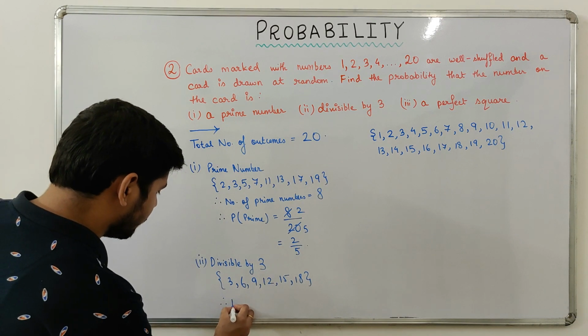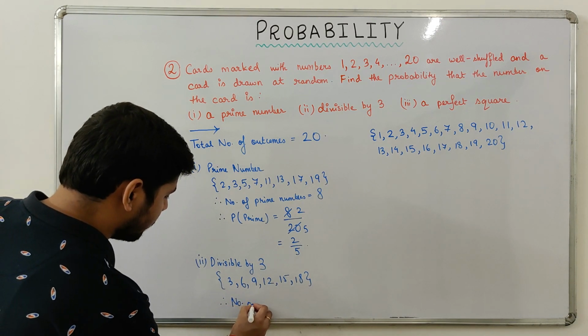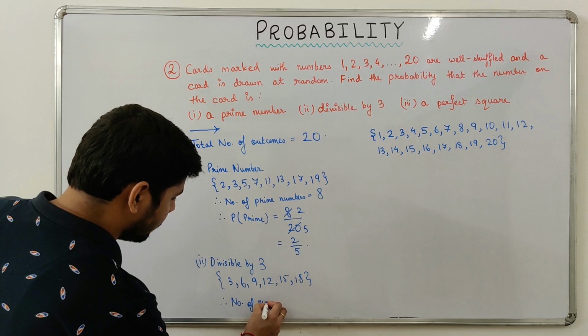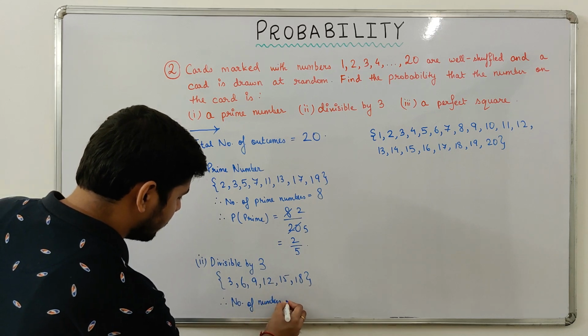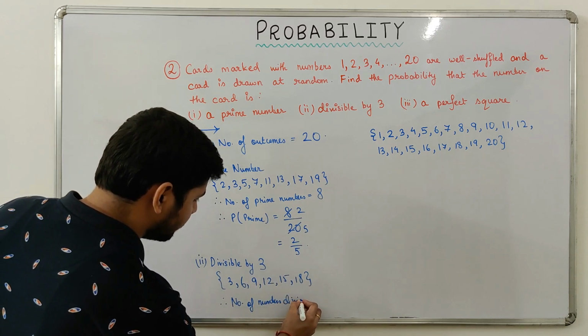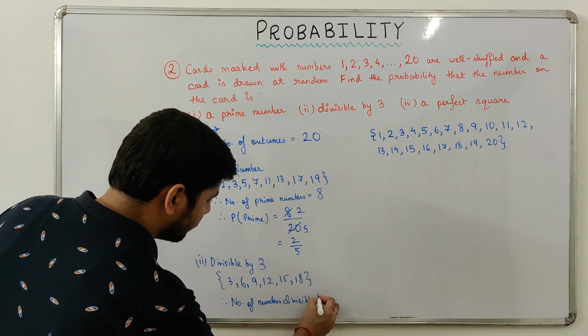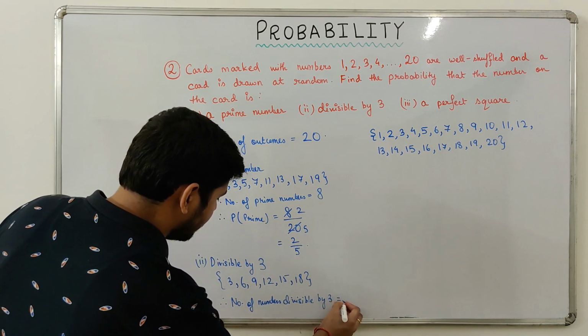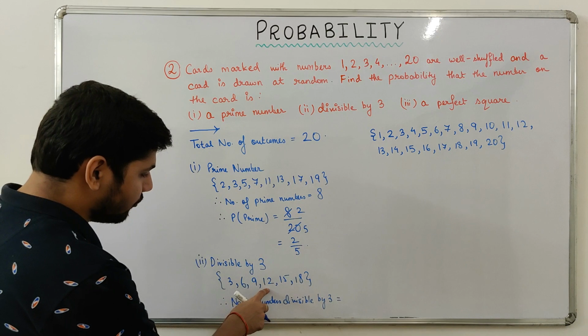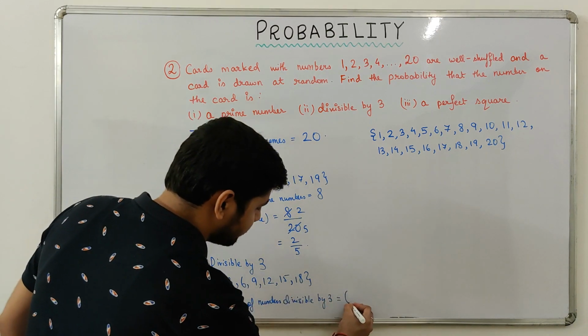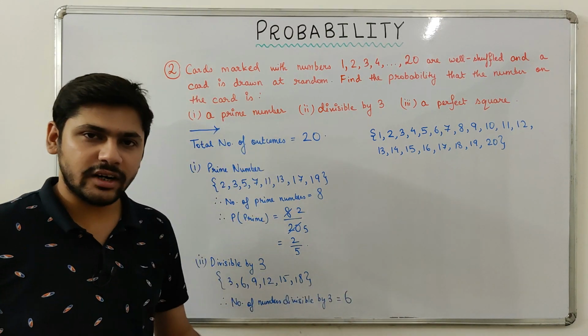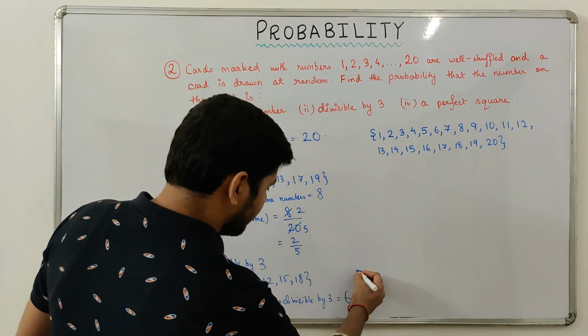Therefore, number of numbers divisible by 3 is equal to 6. Now we can easily calculate the probability. Let's do that.